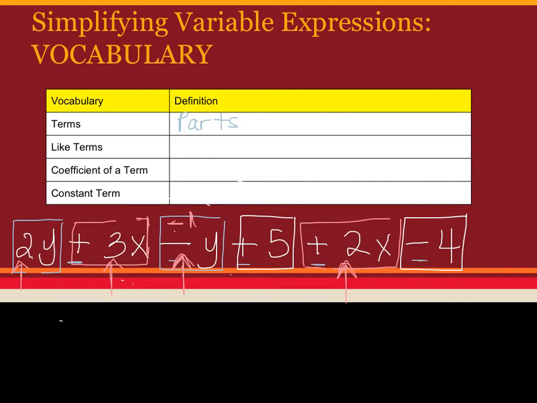So we have 4 coefficients, 1 for each variable: positive 2, positive 3, -1, and positive 2. Constant terms are just plain numbers. So for example, positive 5 is a constant term and -4 is a constant term because they're not attached to variables, so they're constant.